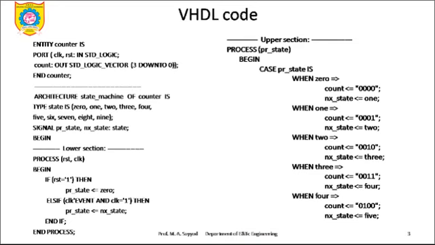That's why when the state is 1, your count is assigned "0001", and your next state is 2, and this will continue till state 9. What will happen when the last state, that is 9, comes? Your output count is "1001", and your next state is 0, and it will repeat again. End case, end process, end state machine.